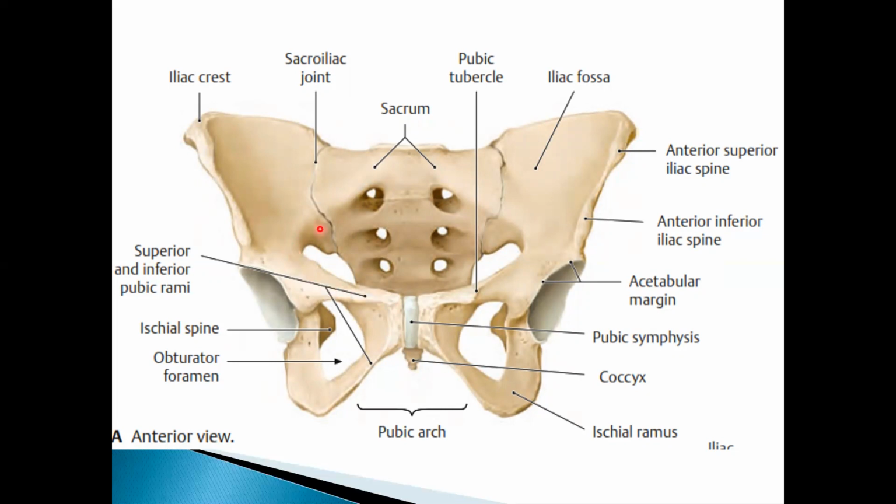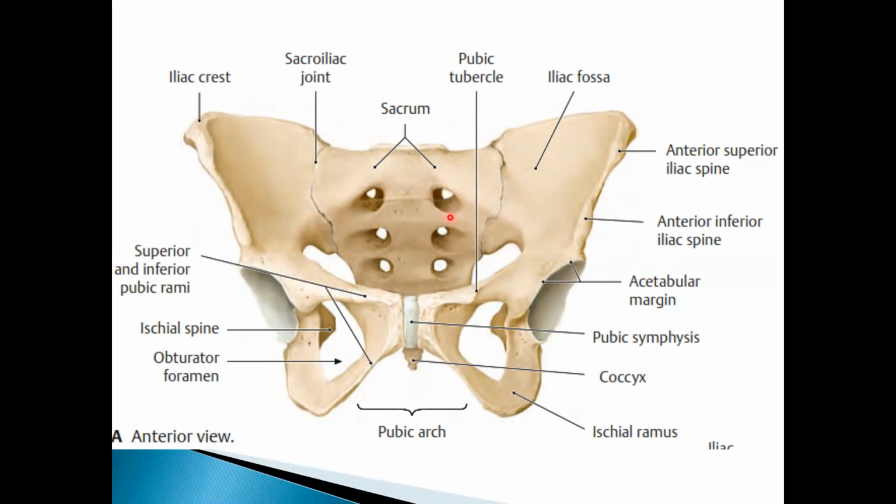So this arcuate line and the superior ramus of the pubis form the pelvic inlet. This part is called the pelvic inlet. This is the pelvic inlet, and this is the anterior border of the sacral promontory. So this forms the pelvic inlet.